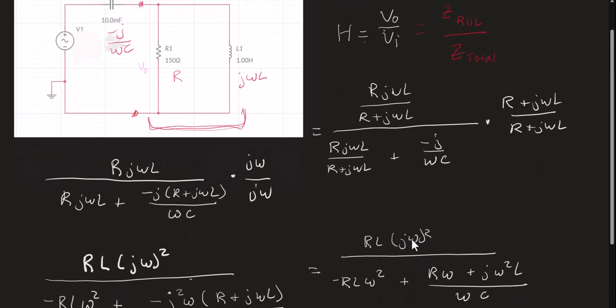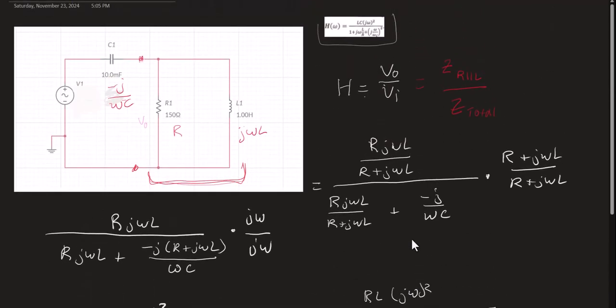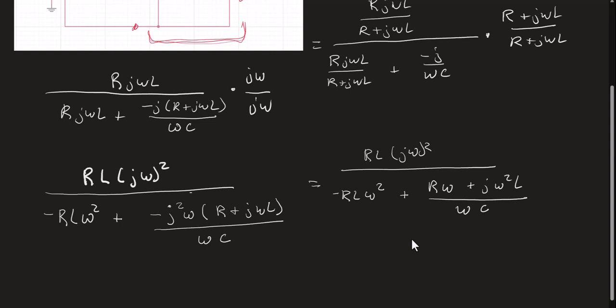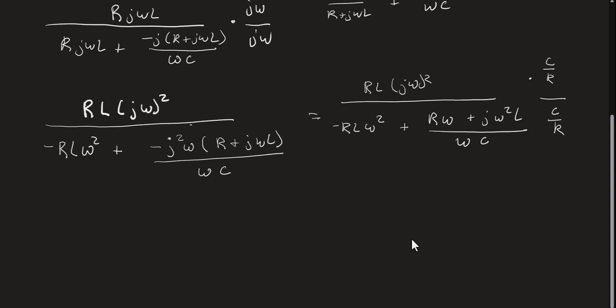I need a C in the numerator, and I need to not have that R. So I'm going to multiply by C over R over C over R. In the numerator, the R will cancel, and I'll be left with the C, so I'll have LC j omega squared.